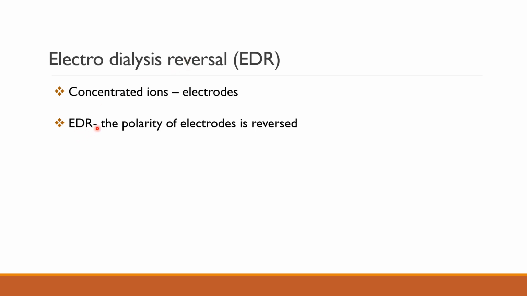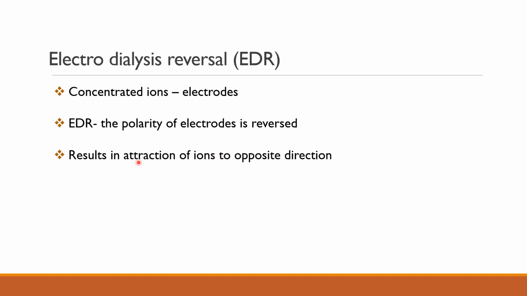So electrodialysis reversal means the polarity or the charge on the electrodes is reversed. When this happens, the ions which are deposited on the membrane suddenly get attracted in the opposite direction.